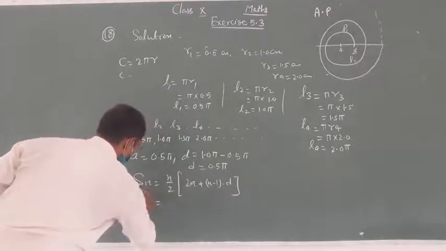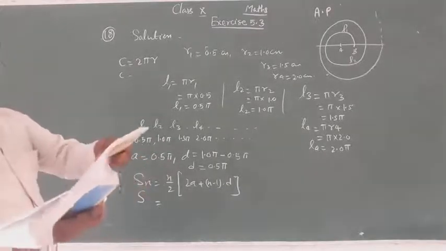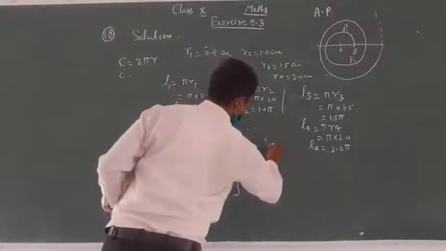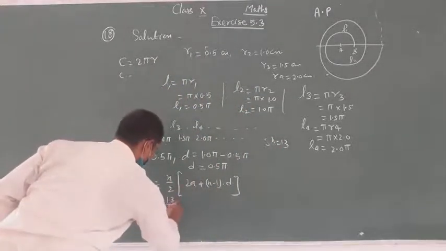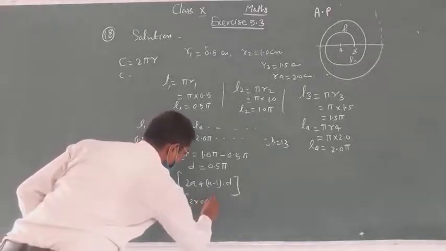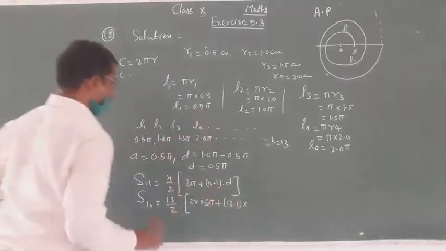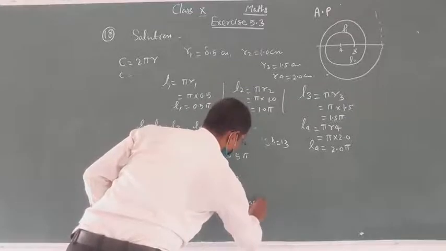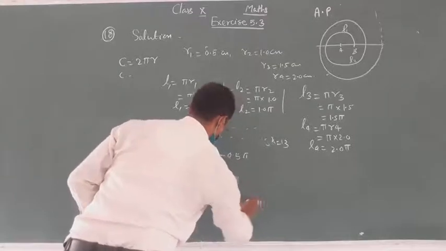Here n is 13, the successive semicircles. So S13 is 13/2 into 2 into 0.5 pi plus (13 minus 1) into d, where d is 0.5 pi.